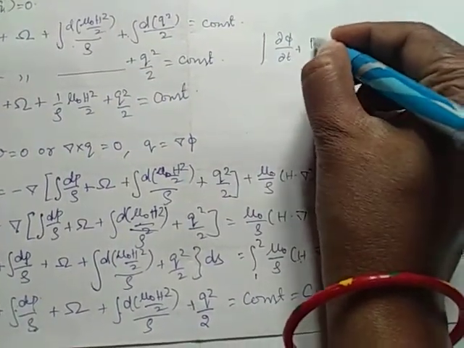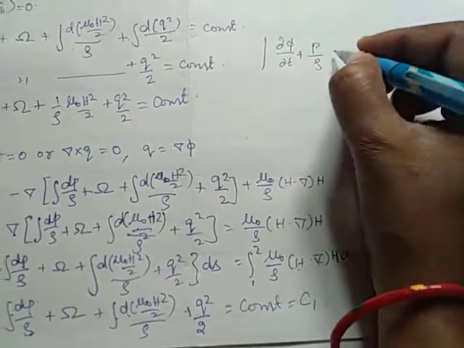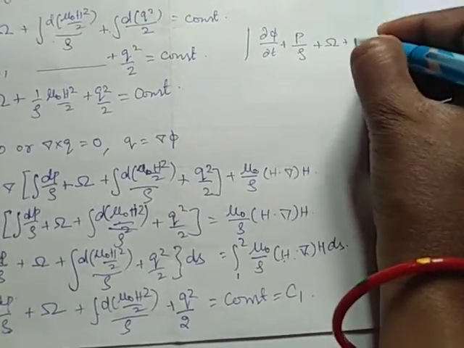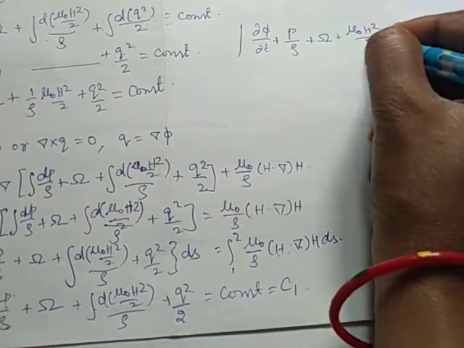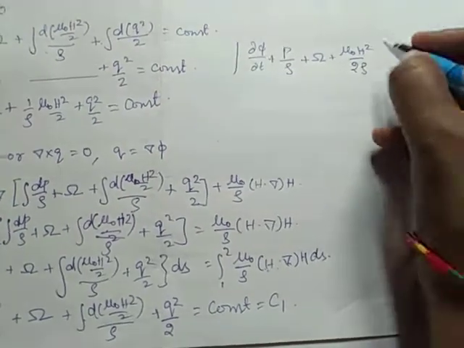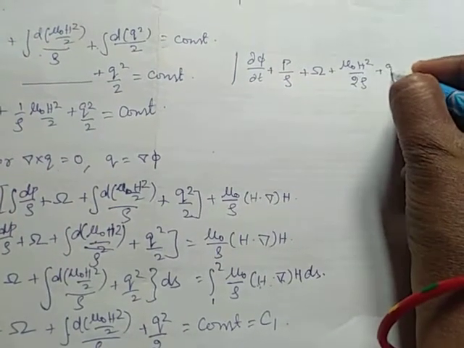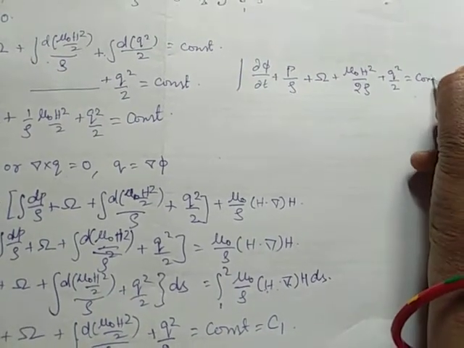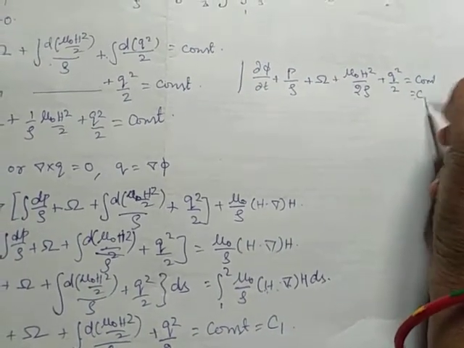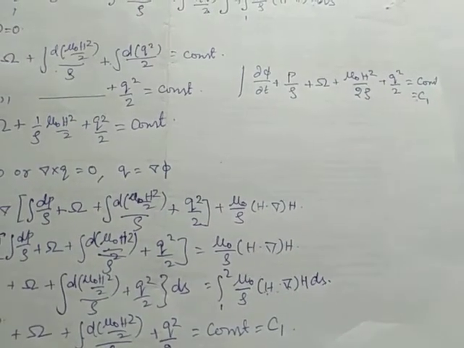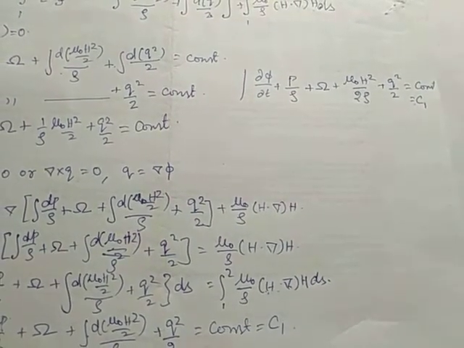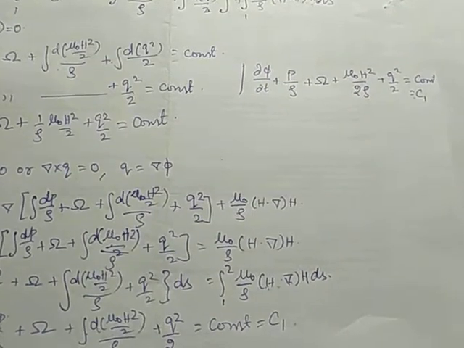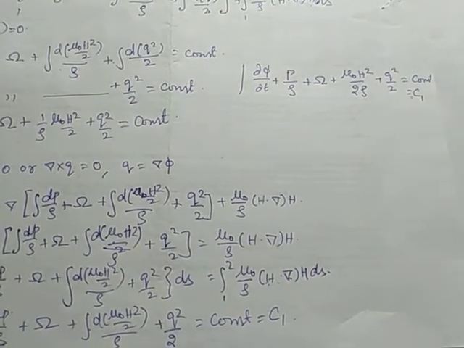Therefore, p by rho plus omega plus mu naught h square by 2 rho plus q square by 2 equal to constant, that is C1. So this is Bernoulli's equation for homogeneous fluid.